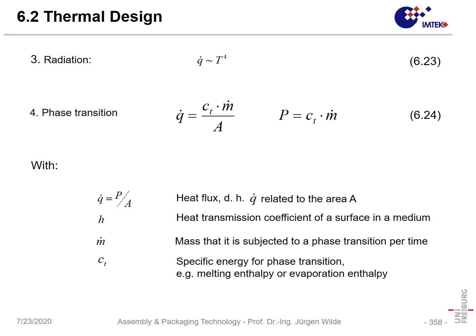And if you take that specific heat and multiply it with the amount of material which is converted per time, and again take that energy per area which you cool, then you get a value for the phase transition. So you can use phase transition, and for instance in a heat pipe it is done in that way.